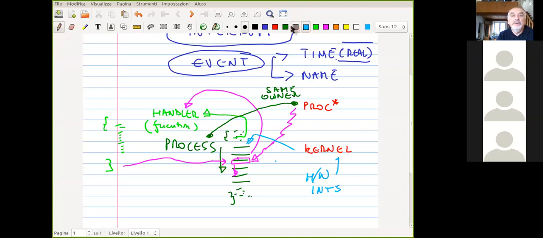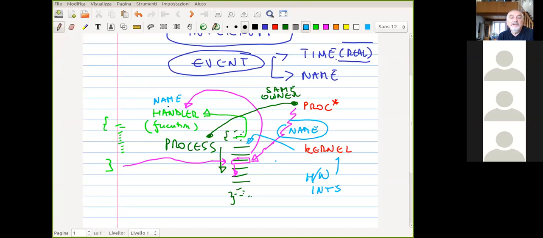I've missed one important information: the name of the signal. The name of the signal must match with the name of the handler, in the sense that signals are different. You have many signals, tens of different signals.